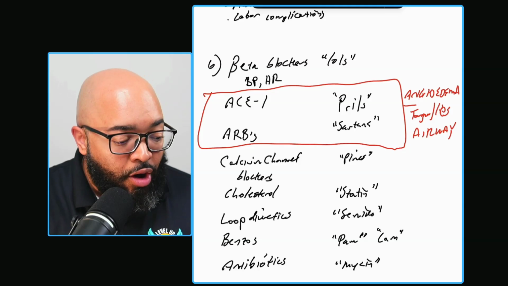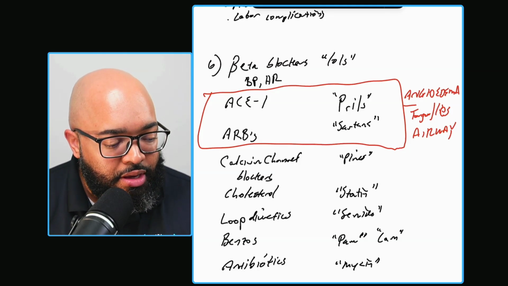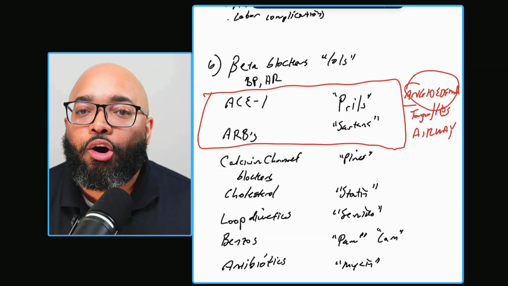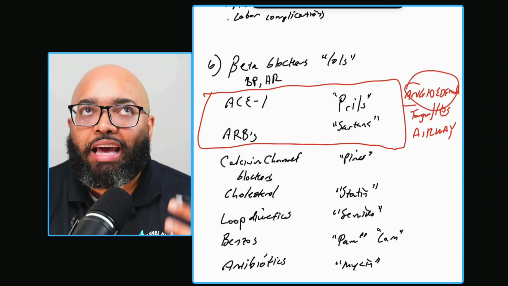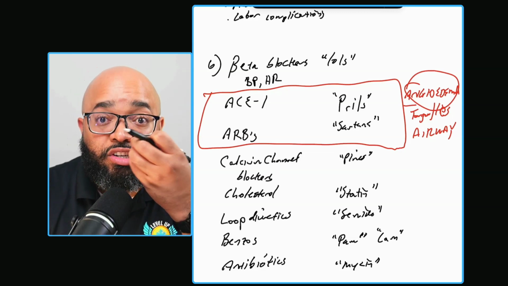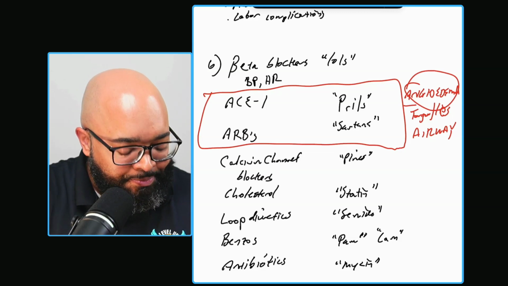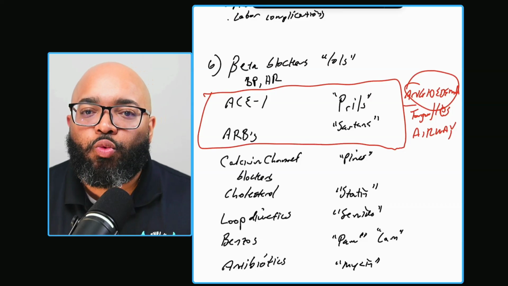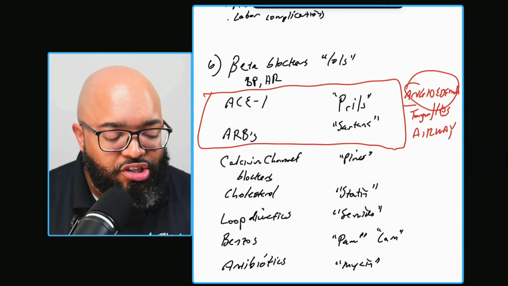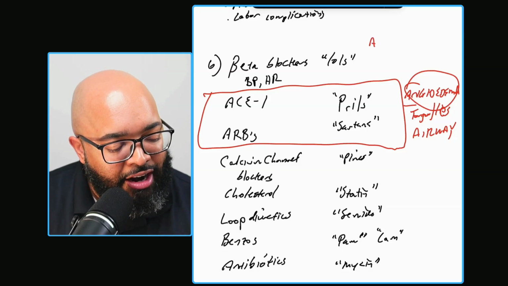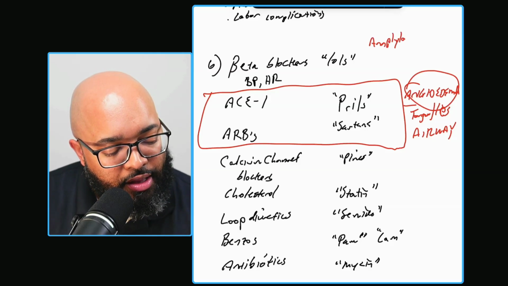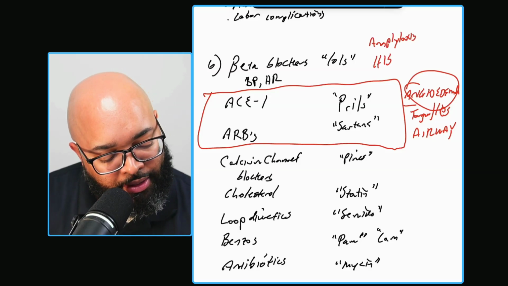Now, angioedema, where the tongue and lips swell, can also happen in an allergic reaction or anaphylaxis. The difference is what's causing the angioedema. In anaphylaxis, the main problem is histamine.